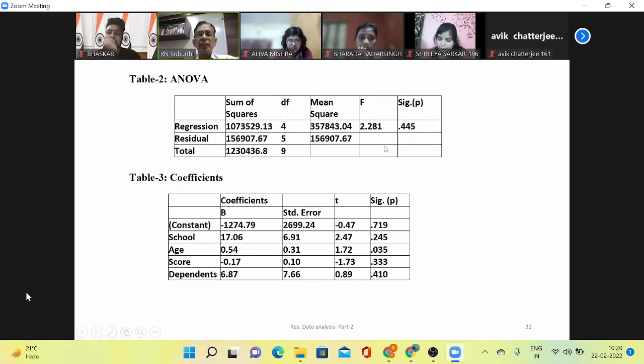I think somebody was suggesting an F value. This I have not covered, but it is part of our syllabus. We'll be discussing it very soon. And just now I have explained the concept of degrees of freedom. This is called total degrees of freedom. And third, the coefficients, which we have already discussed.